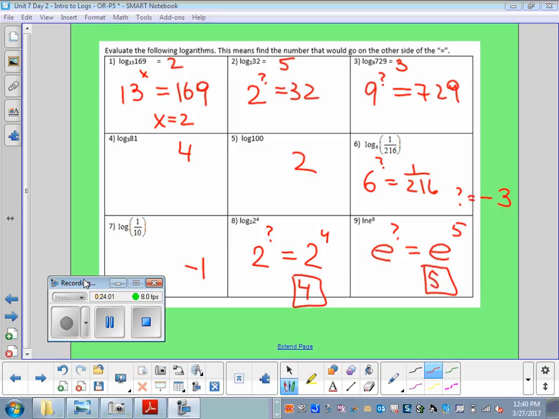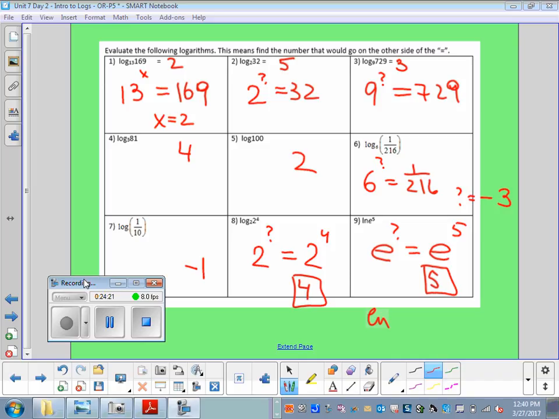If you have a log, the base is on one side and the argument is on the other side: base to the power of x equals the argument. The base is that number on the bottom of the log. Right here we don't have it, but we know it's e because of the notation ln.